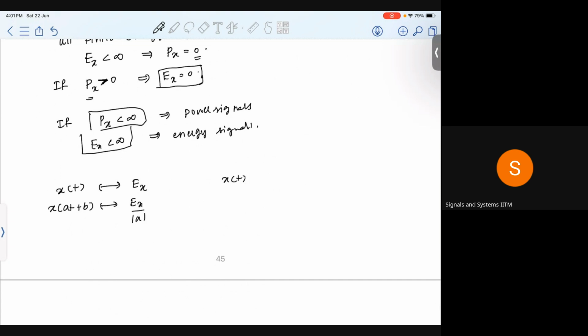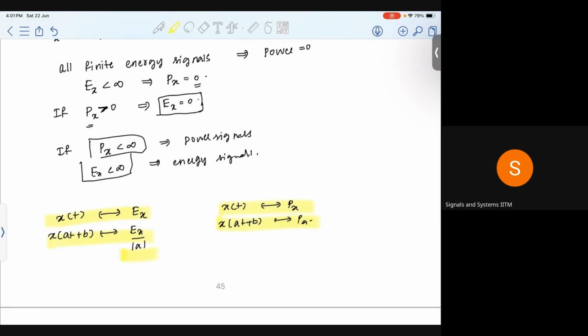But if x of t has power Px, then for x of at plus b the power remains the same. There's no change in the power. These are two things you may have to remember to solve your week 3 assignment. Week 4 also has some discussion on power and energy of the signals. I'll take it up from here in our Wednesday's class. Is that okay?